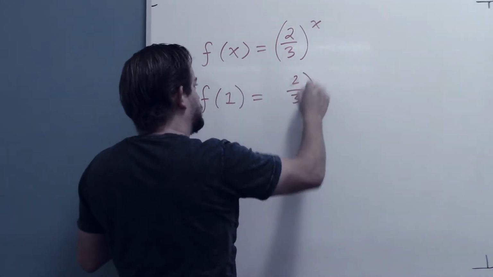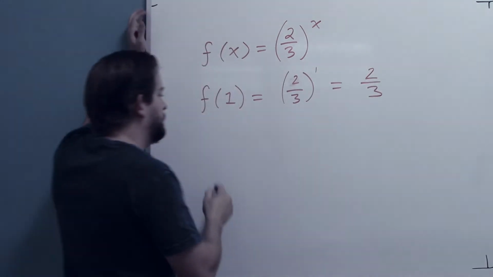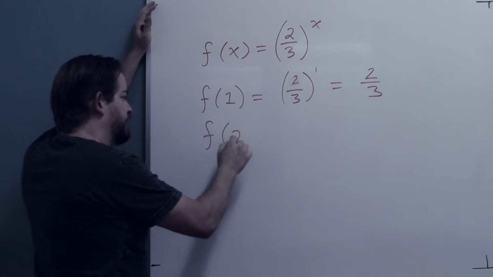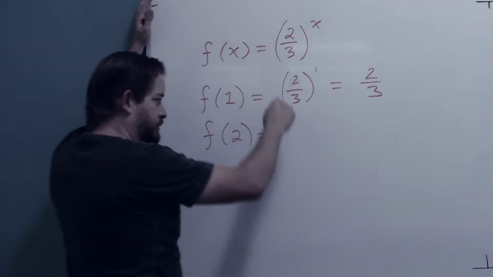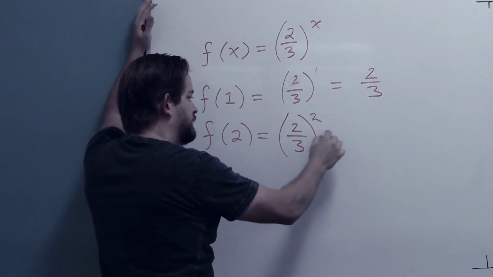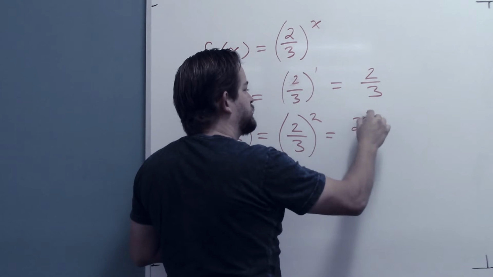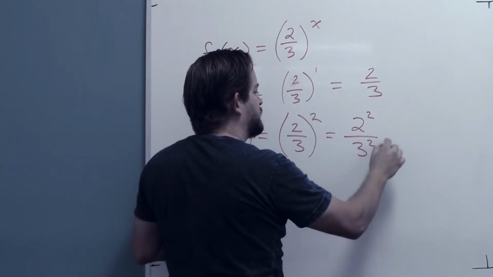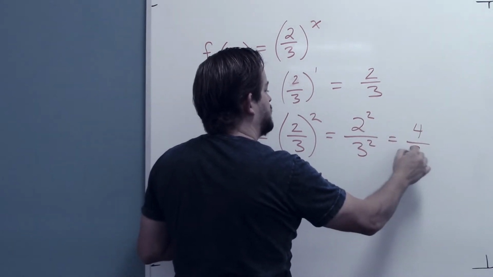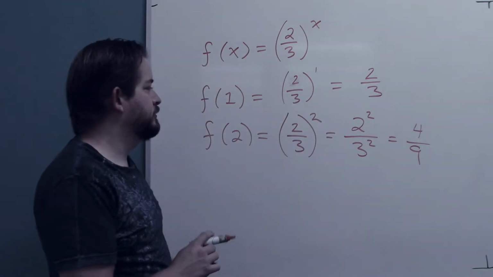That's 2/3 to the 1, but anything to the 1 is just itself, so that's 2/3. Right? But let's take a look at say f of 2. f of 2 is 2/3 to the 2. But again, that's a fraction raised to a power, so that's like the top getting squared and the bottom getting squared, and so that's 4/9. Right? Or it's like 2/3 times 2/3, which is still 4/9.